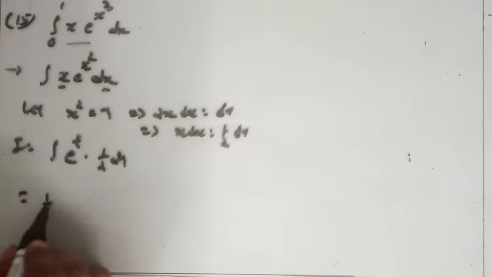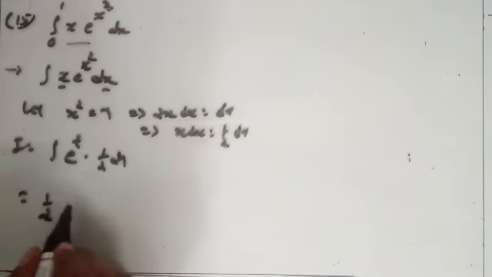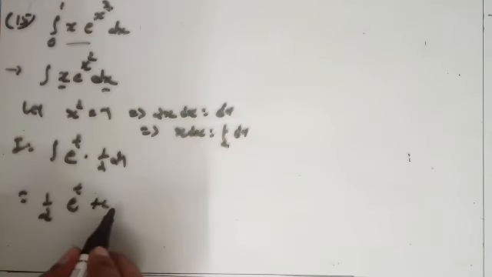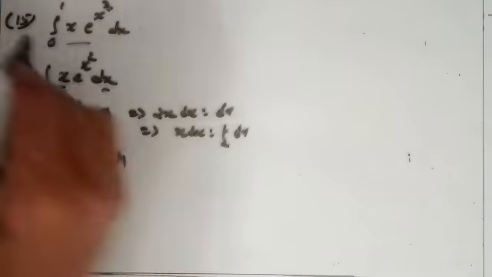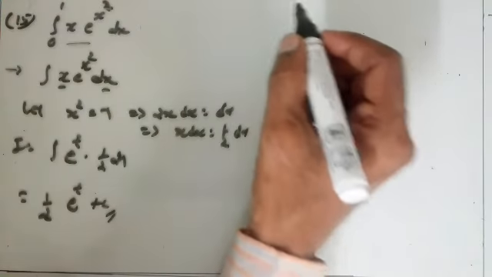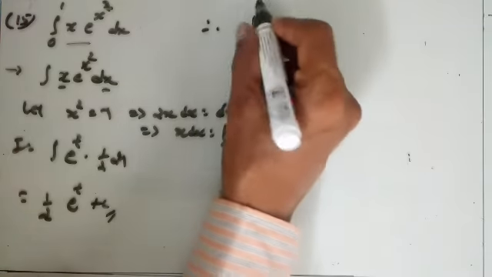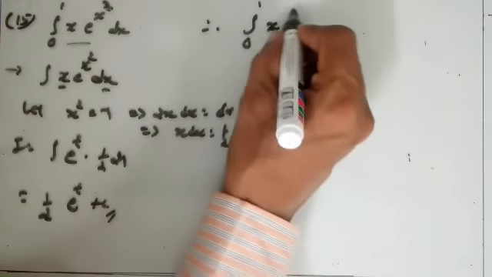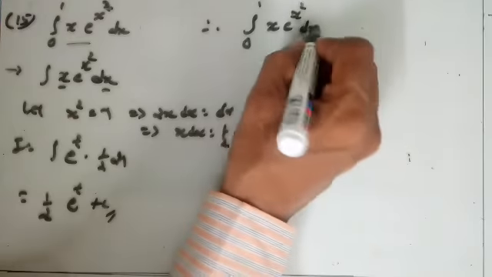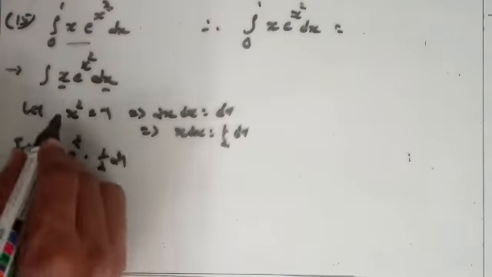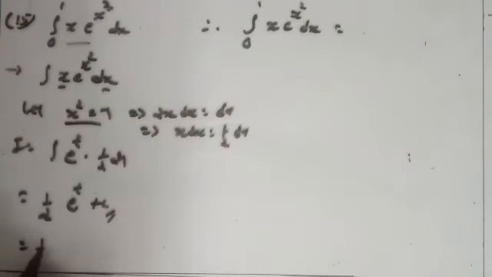So it is equal to 1 by 2 integration of e raised to t, plus an arbitrary constant c, which is not necessary for this definite integration. So integration from 0 to 1 of x e raised to x square dx is equal to, here replace t by the main form, so 1 by 2 e raised to x square plus c.